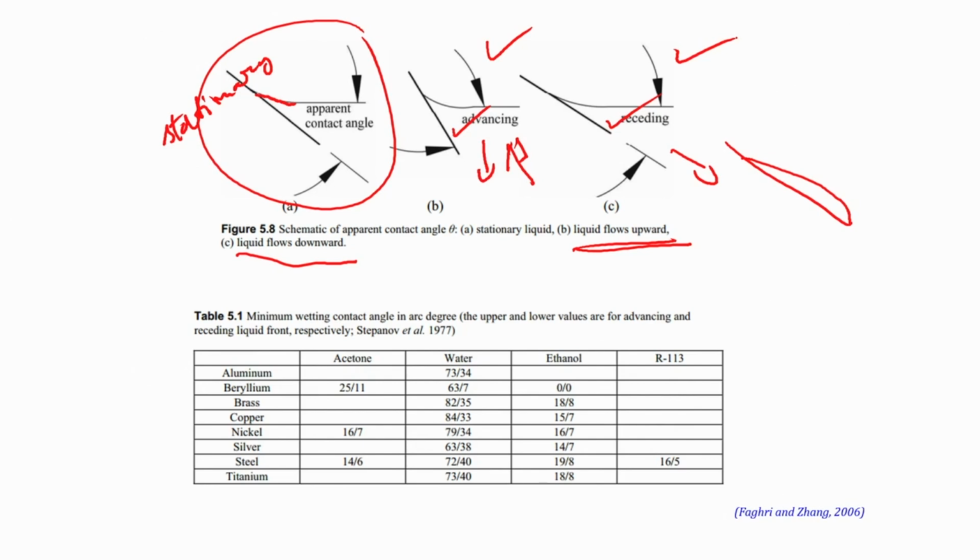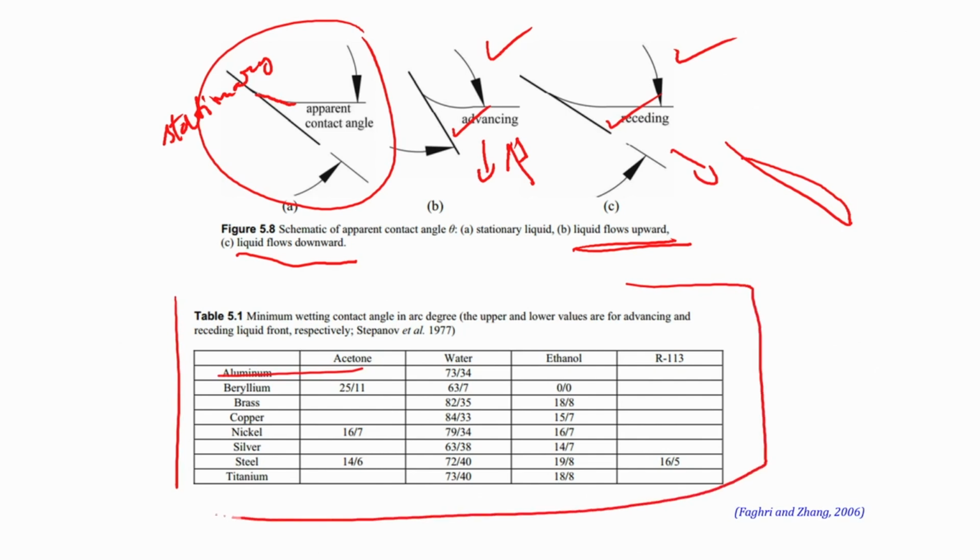And we will show some of the cases, for example, this table 5.1. Say the substrate is aluminum, the liquid is acetone. Here you can see the upper and the lower values. 25 is the upper value, 11 is the lower value in degrees for advancing and receding.